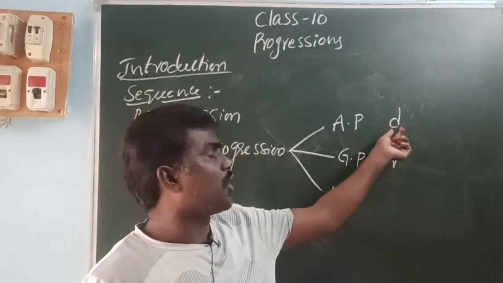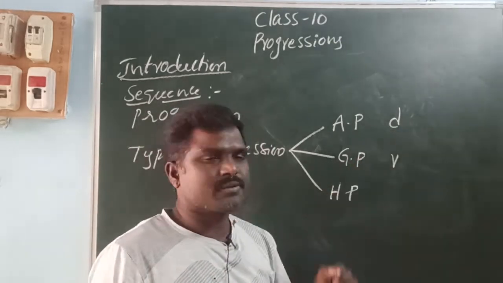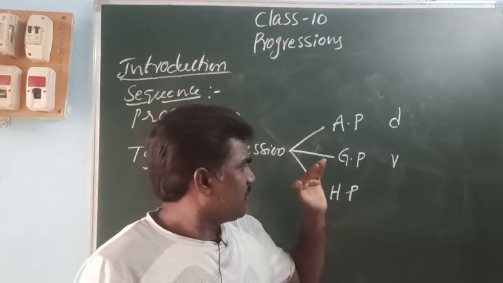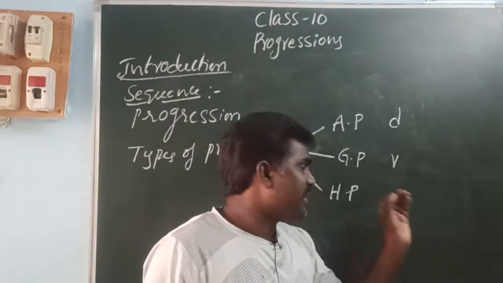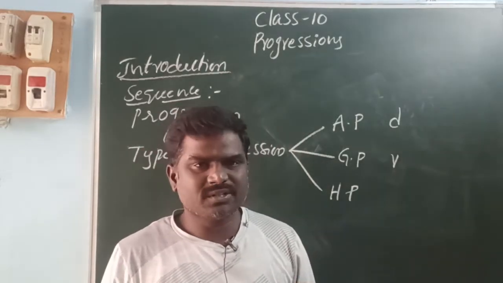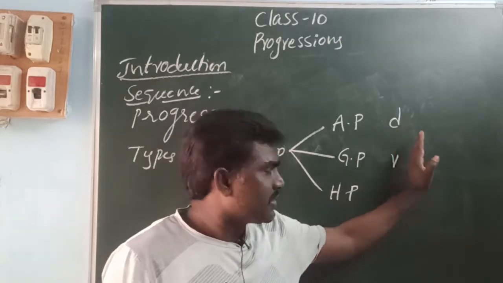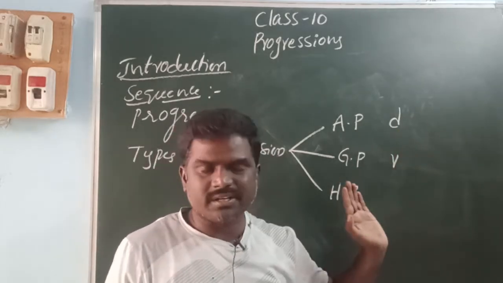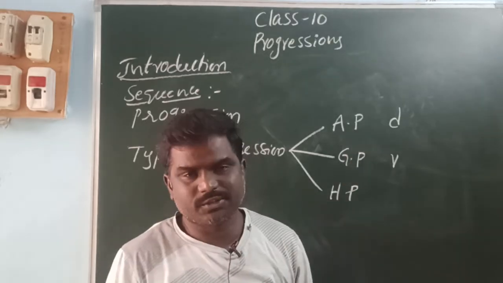That constant is called the common difference. Geometric progression means a progression in which the common ratio between the terms is the same. Common ratio means the ratio of any two consecutive terms is constant. That constant is called the common ratio.